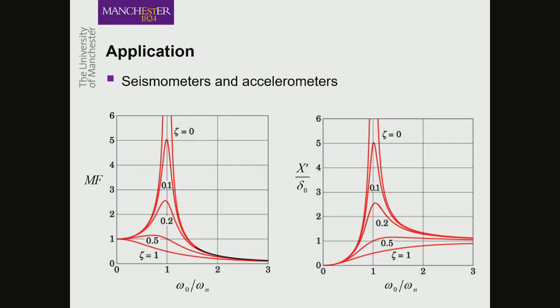You are applying a displacement delta to the system, and the mass actually displaces the same amount, delta 0, of applied displacement. This will bring us to a very important point.